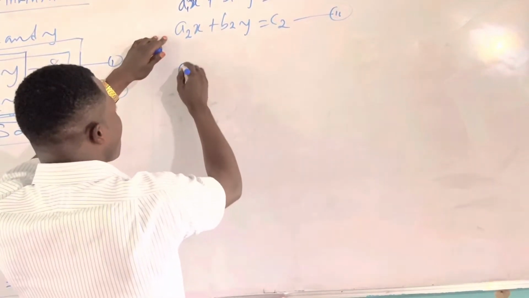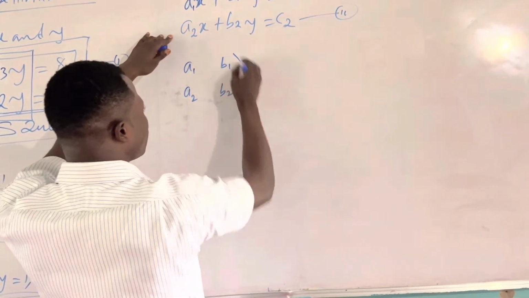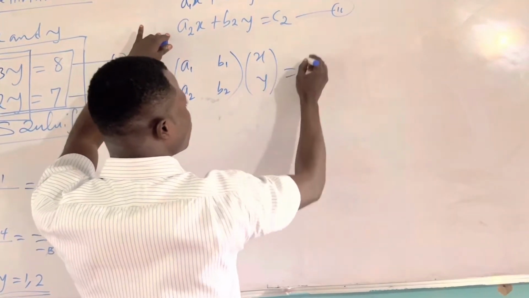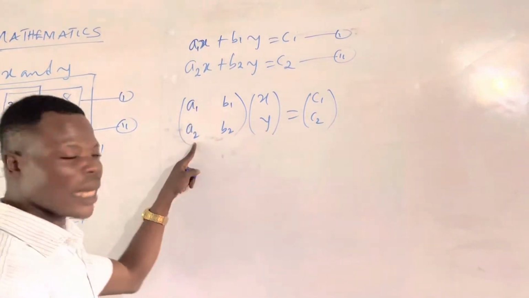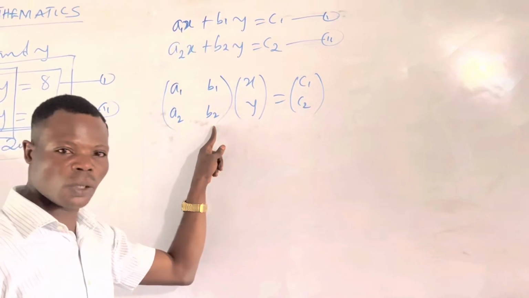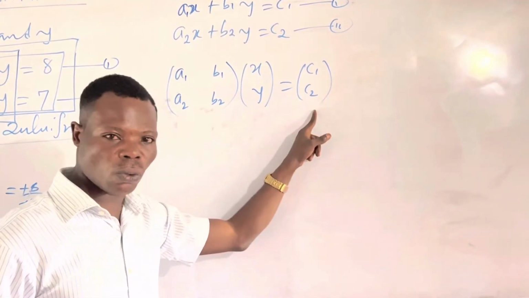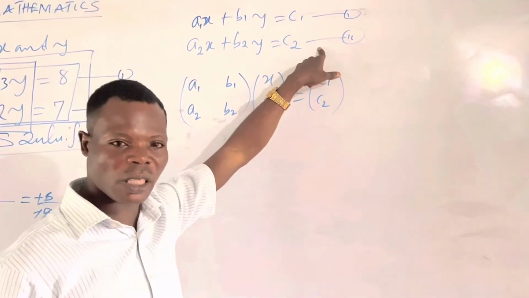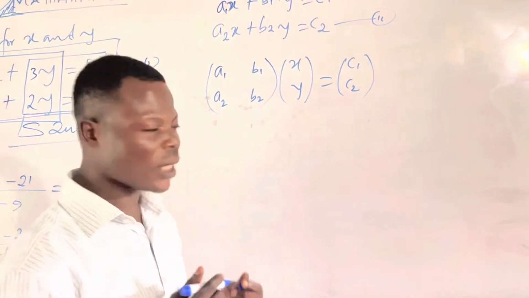So we have a1, a2, b1, b2 into x and y equal to c1 and c2. So a1 and a2 are the coefficients of variable x, b1 and b2 are the coefficients of variable y, while c1 and c2 are the constant terms for equation 1 and equation 2 respectively. x and y are the variables which we want to find their values.